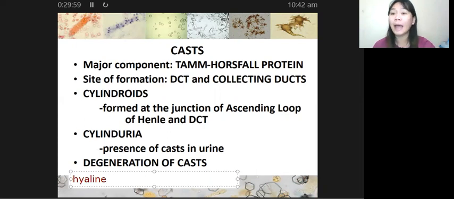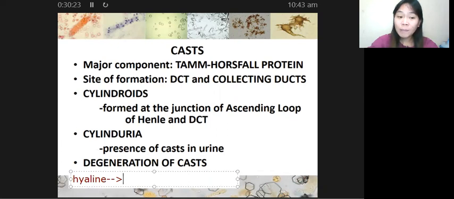Okay, so remember yung Hyaline Cast natin, may mga Hyaline Casts po tayo na walang laman. Tama? Horsefall protein lang. Meron din naman tayong mga hyaline casts na merong konting proteins, or merong konting granules. Still, we classify them under hyaline casts. Okay? Ayan.